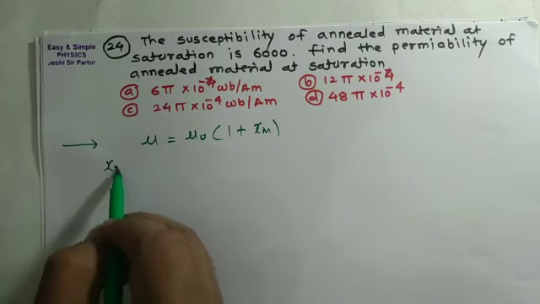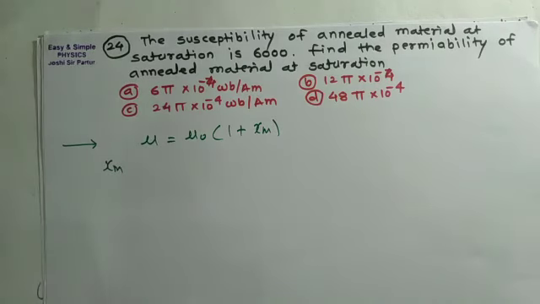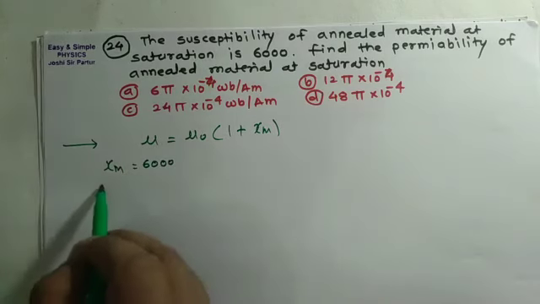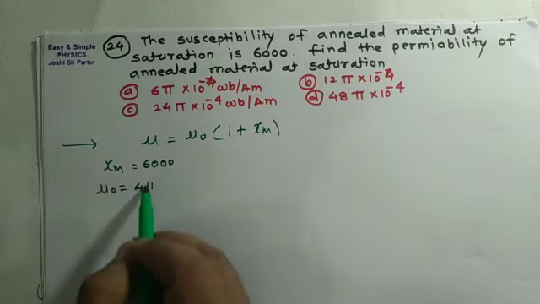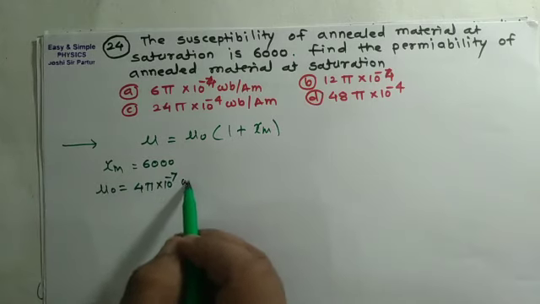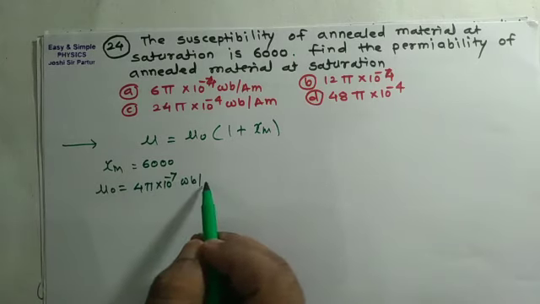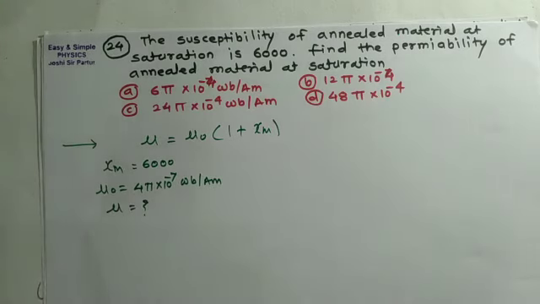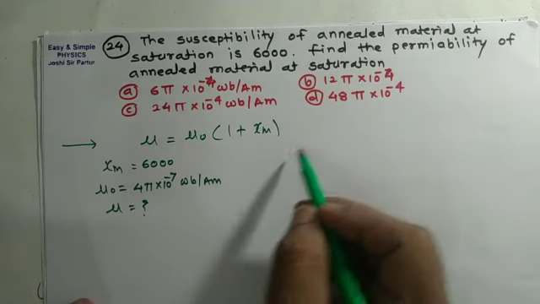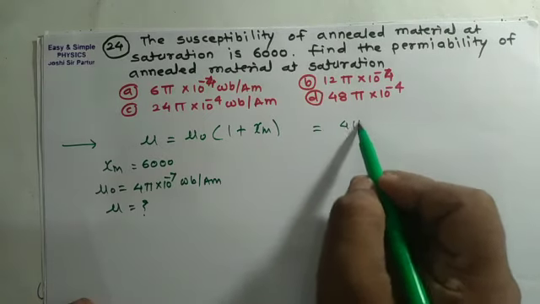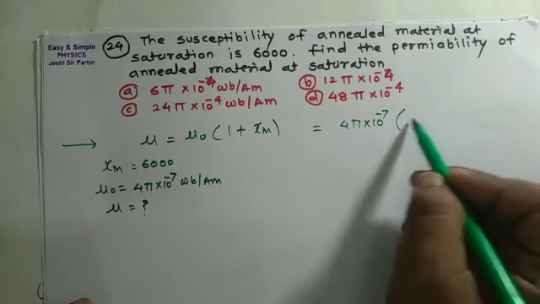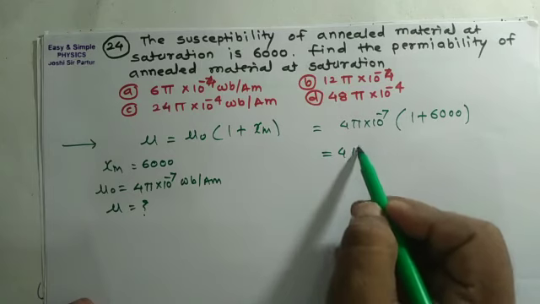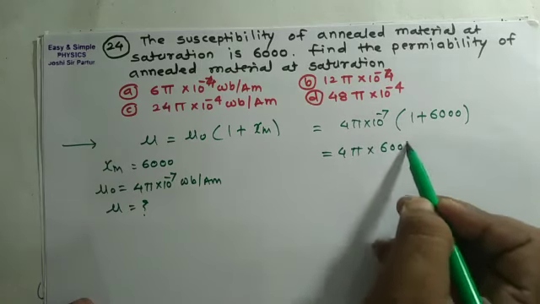So xi m, that is the susceptibility of the material, will be 6,000, and mu 0, that is the permeability of free space, will be 4 pi into 10 raised to minus 7 Weber per ampere meter. We can find the permeability by putting the value 4 pi into 10 raised to minus 7 into bracket 1 plus 6,000. So here 4 pi into 6,001.